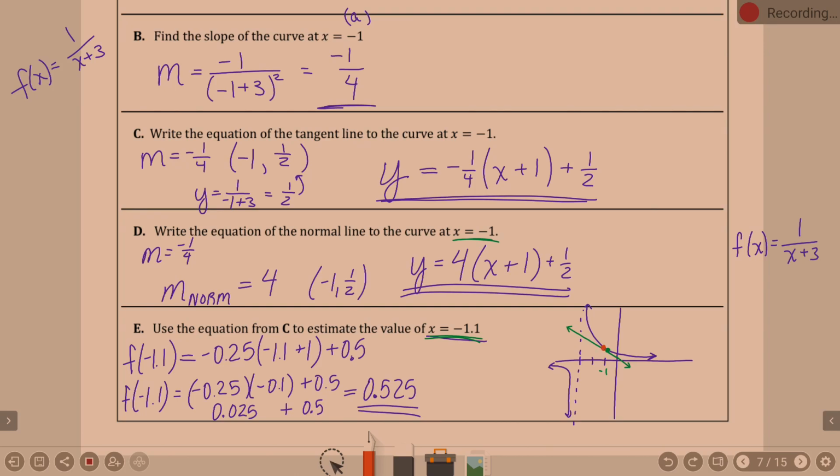Is it going to be an overestimate or underestimate? Something's not jiving in my mind. Underestimate or overestimate?